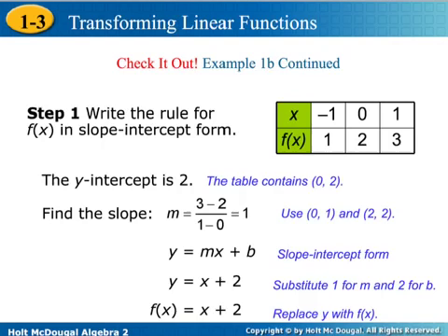So we found in this slide they find f of x. You can see they use the same points I did, slope-intercept form, and then we plug in our slope of 1, so 1x plus 2 to get our new function f of x equals x plus 2.